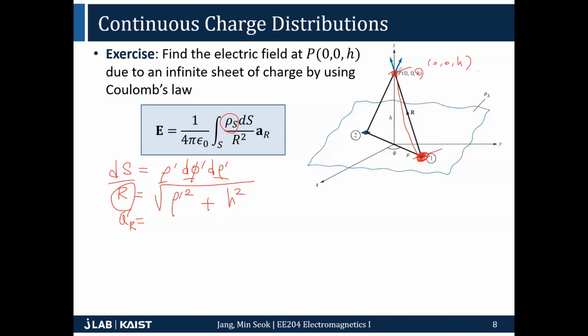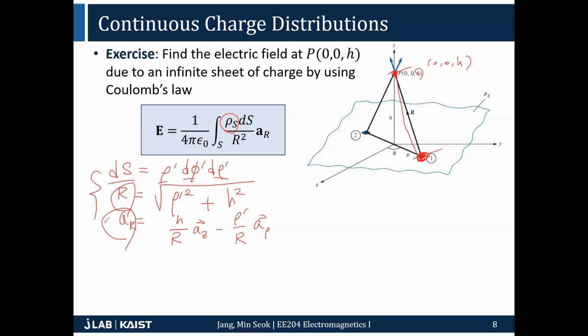If you look here, the z component is h a_z, minus rho prime a_rho. That's the unit vector connecting from here to there.